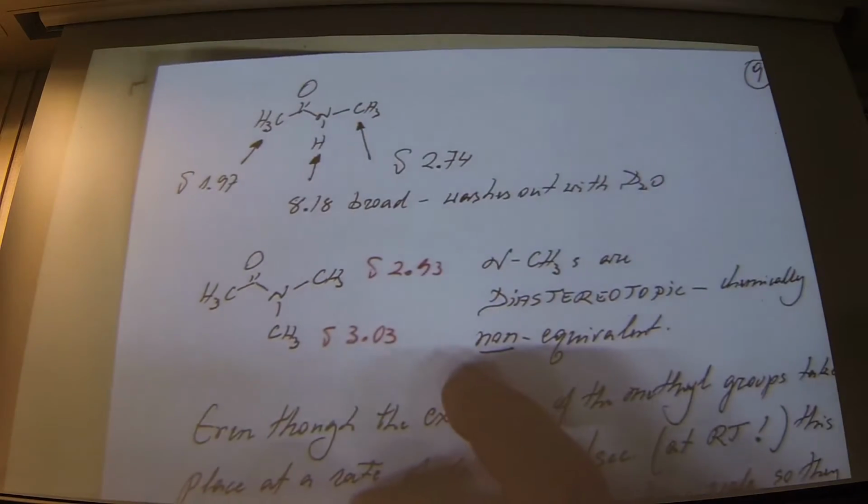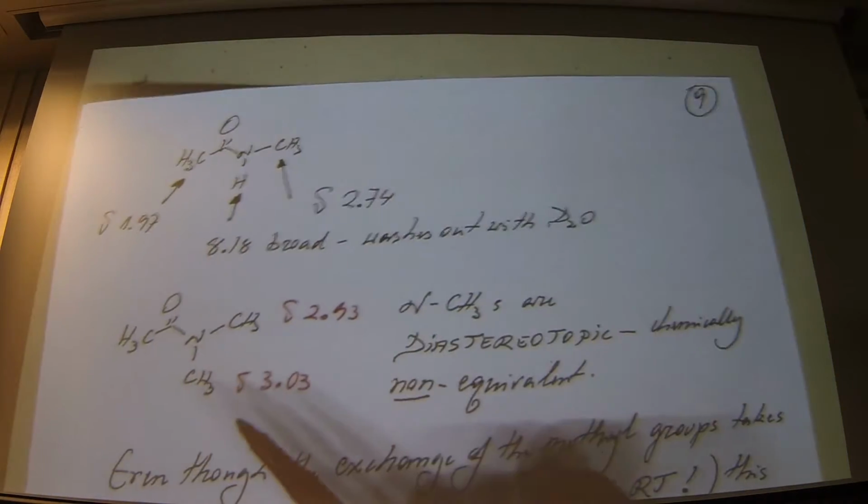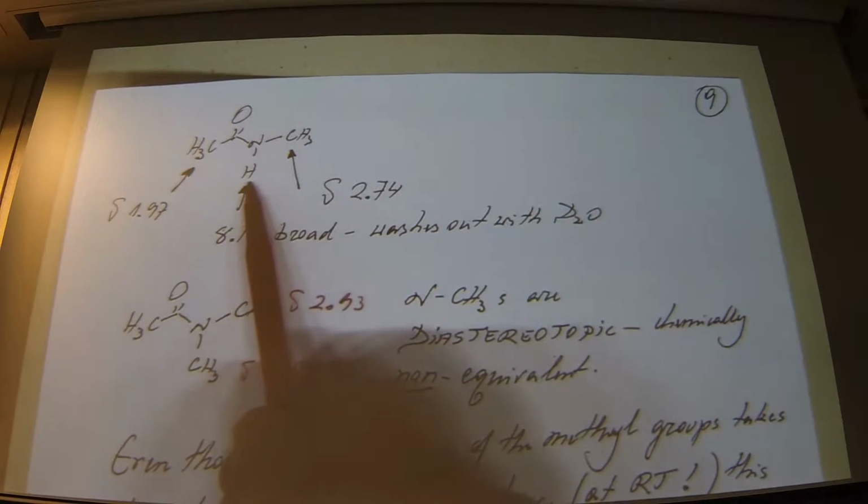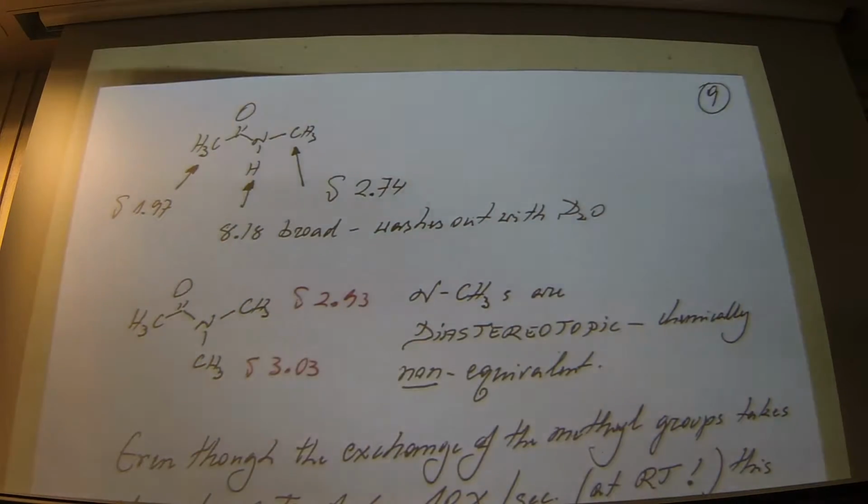Even an amide is around 2. So now if I look at proton NMR again, the NH, well, anything that's NH, OH, SH, whatever, can be hydrogen bonded. Those things will wash out.